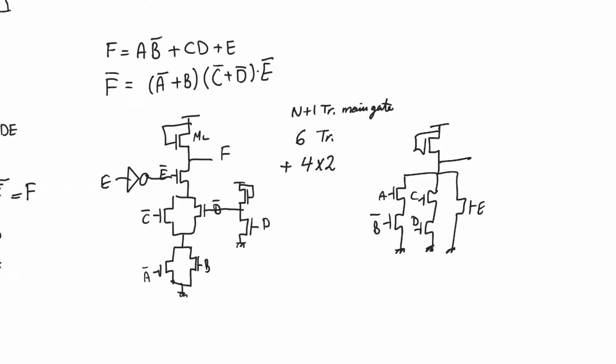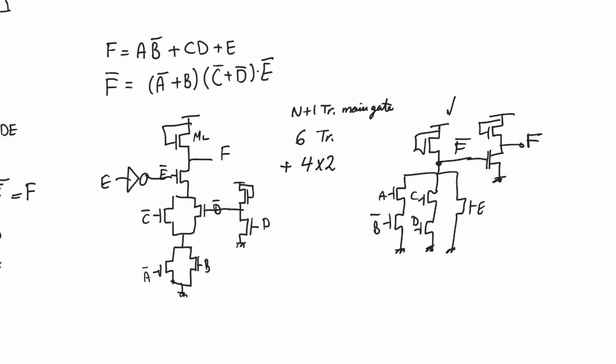In this case, at the output, we do not get f, because we implemented the expression of f bar. Instead, we get f bar. And so we have to use an output inverter to get the expression of f.